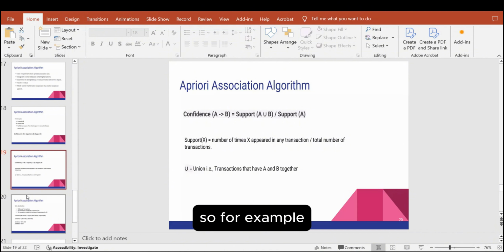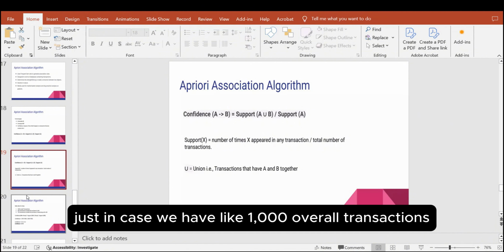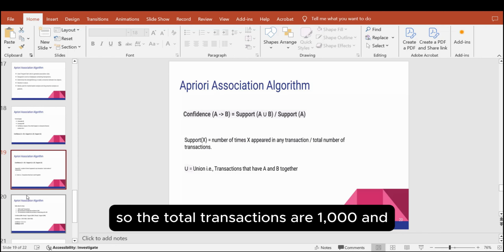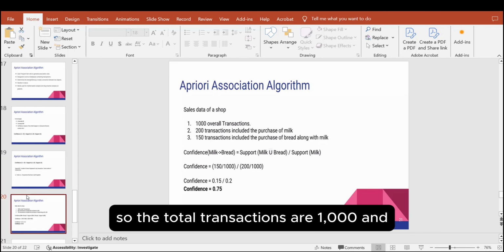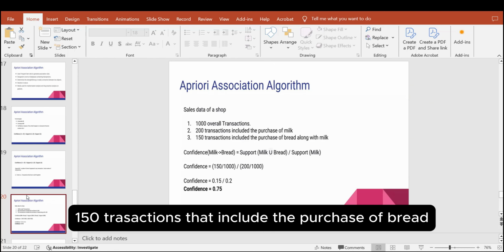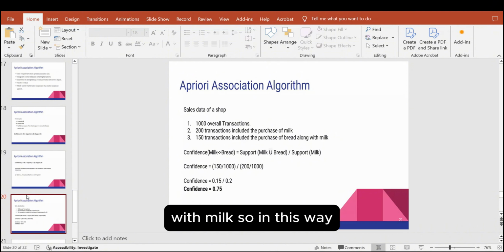For example, say we have 1000 overall transactions, and 200 transactions included the purchase of milk. So the total transactions are 1000, and from those we have 200 transactions that include milk, and 150 transactions that include the purchase of bread with milk.